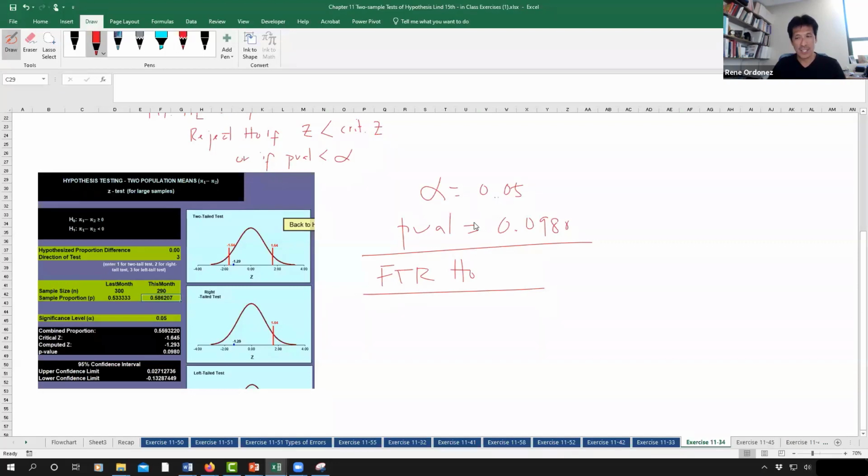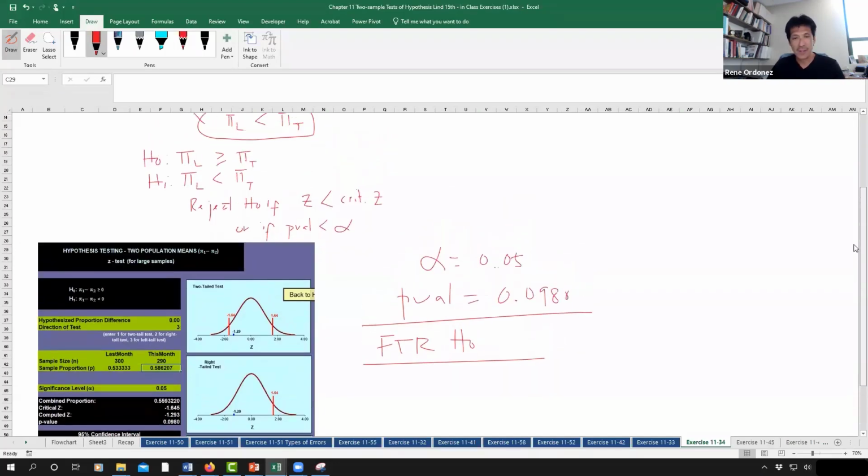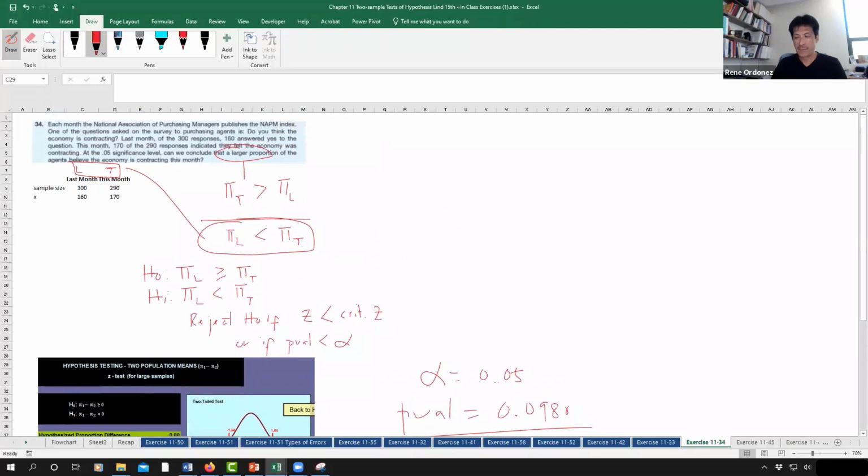And by failing to reject the null hypothesis, we're saying that the answer to this question, can we conclude that a larger proportion of the agents believe the economy is contracting this month? The answer is no, based on the data. Okay.